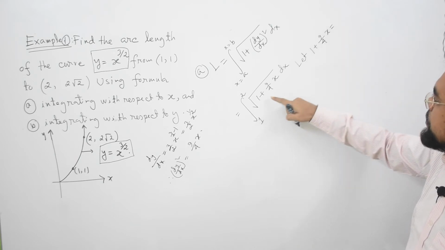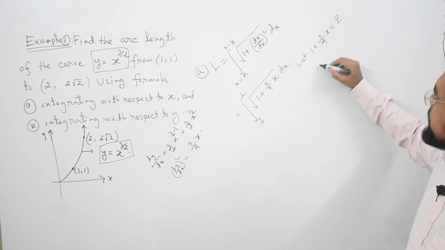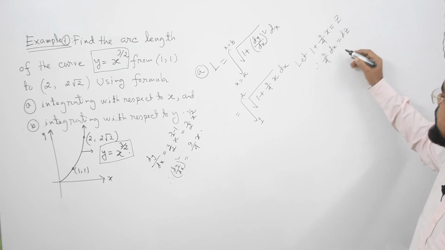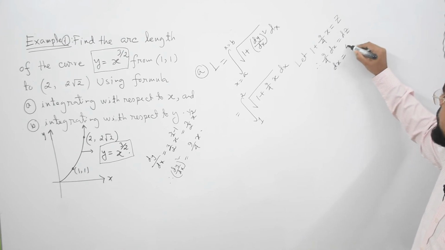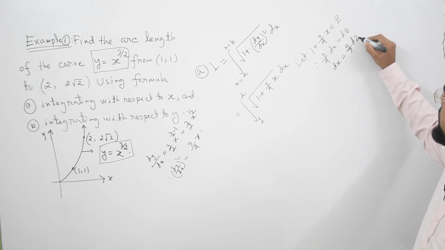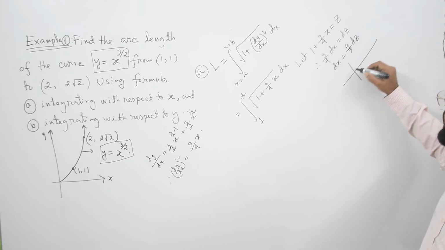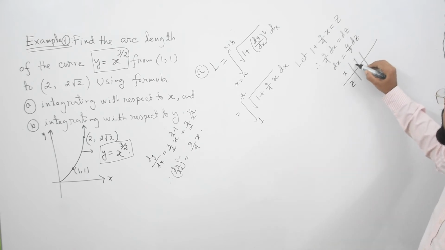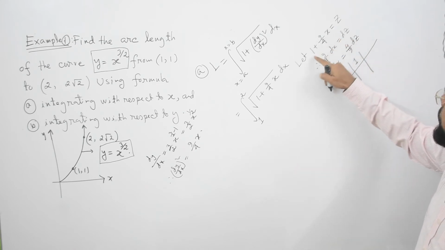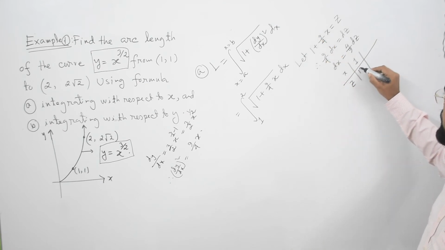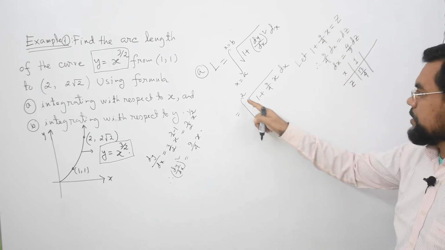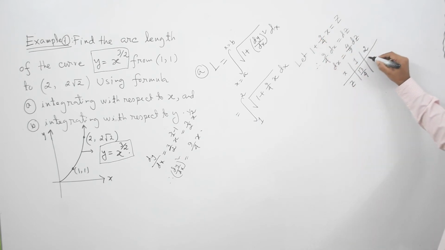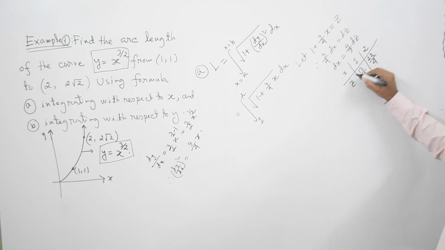Let us consider this to be equal to z, therefore 9/4 dx equals dz and dx equals 4/9 dz, and the corresponding values of z will be: when x equals 1, z equals 1 plus 9/4, which is 13/4, and when x equals 2, z equals 1 plus 18/4, which is equal to 22/4.